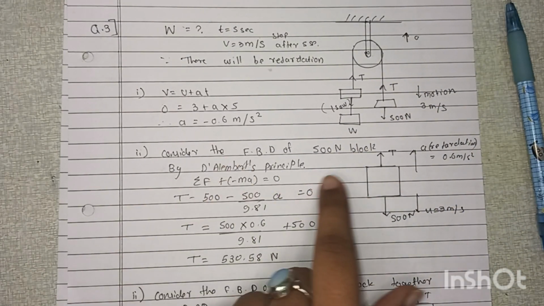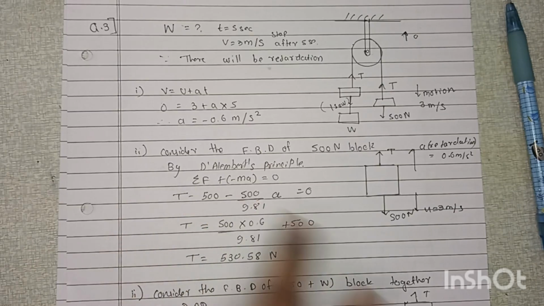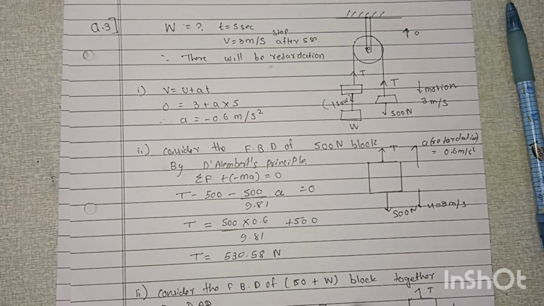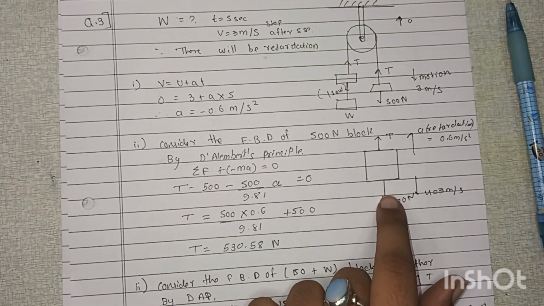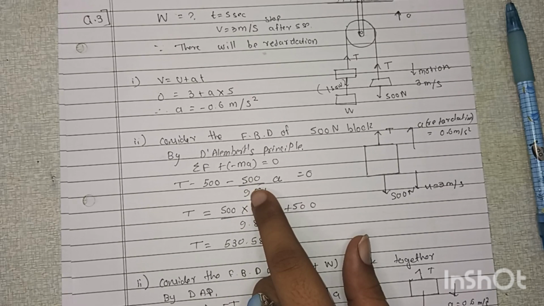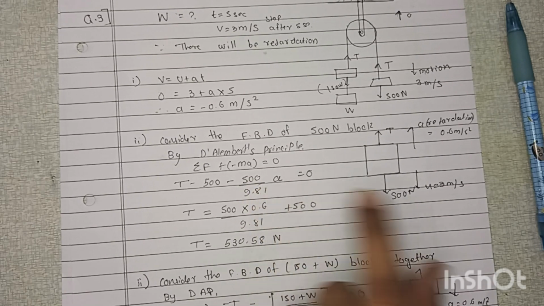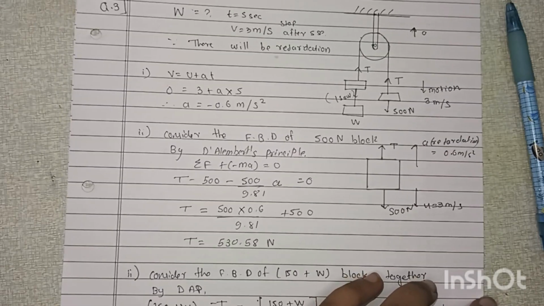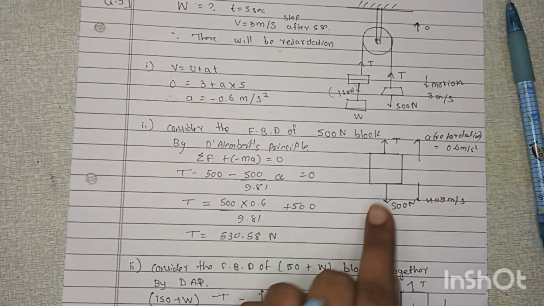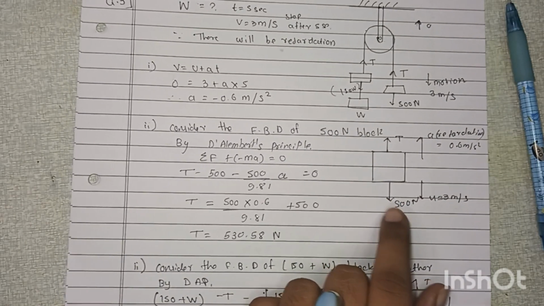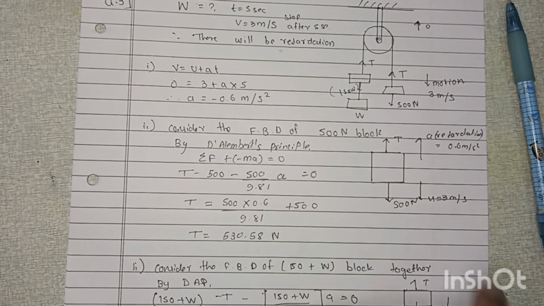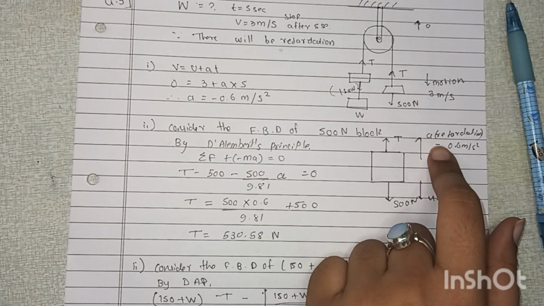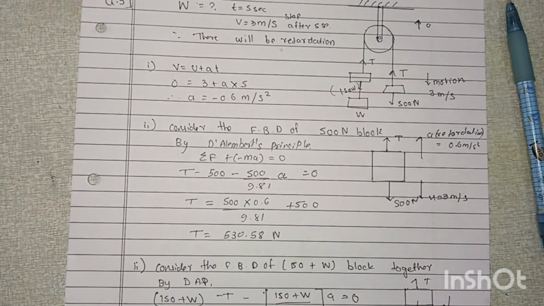Now consider the FBD of the 500 Newton block by D'Alembert's principle. Applying D'Alembert's principle, the summation of F plus minus ma is equal to 0. In the FBD of block A, this is the weight, this is the initial velocity, and this is the acceleration, which is retardation in the motion of 0.6 meter per second square, and the tension is in the upward direction.